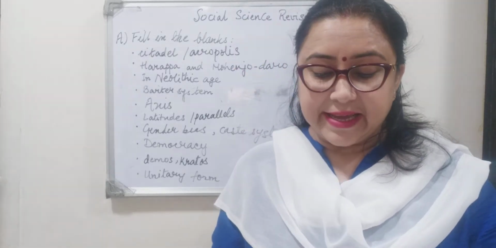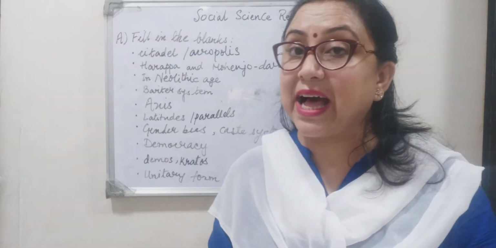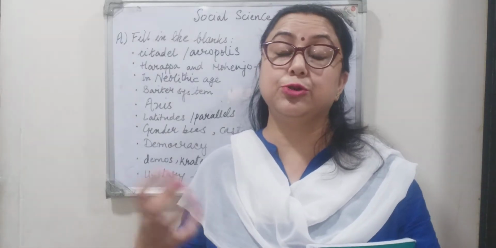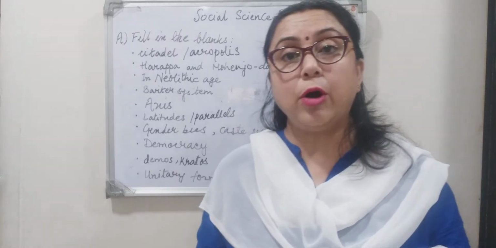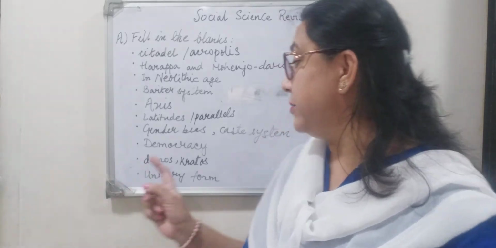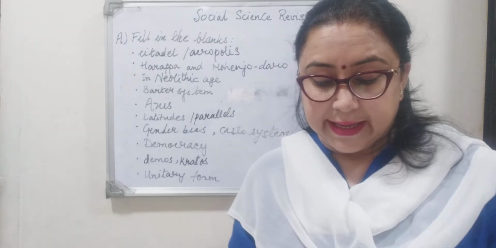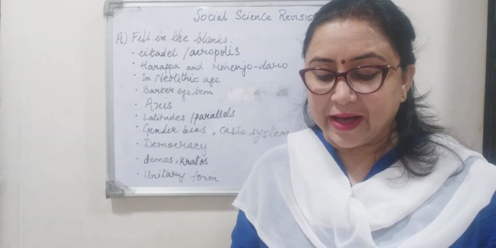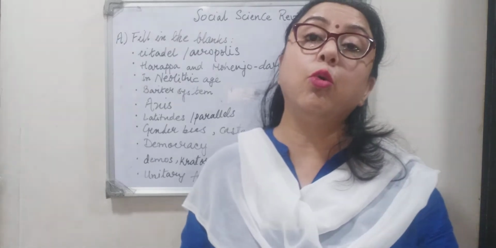Next sentence says democracy comes from the Greek word dash and dash. So here we are talking about the origin of the word democracy, which comes from the Greek words demos and kratos. Next, in dash form of government, there is only one government for the whole country.